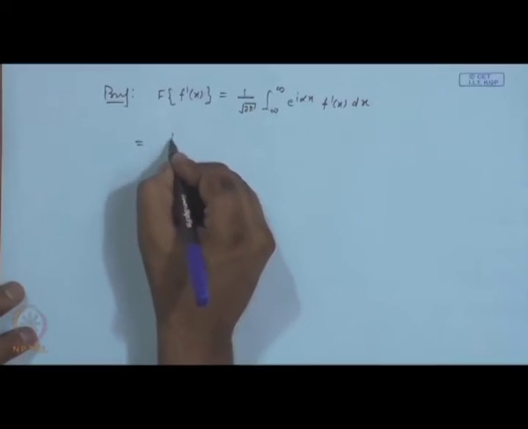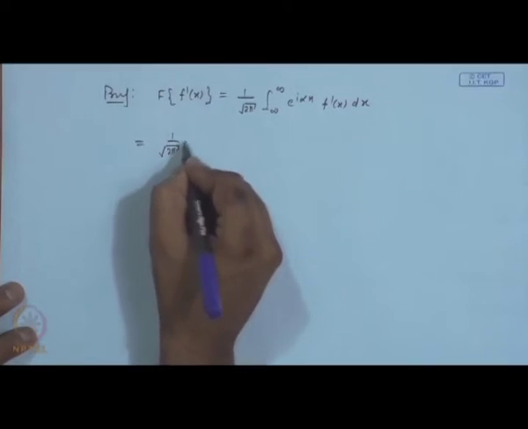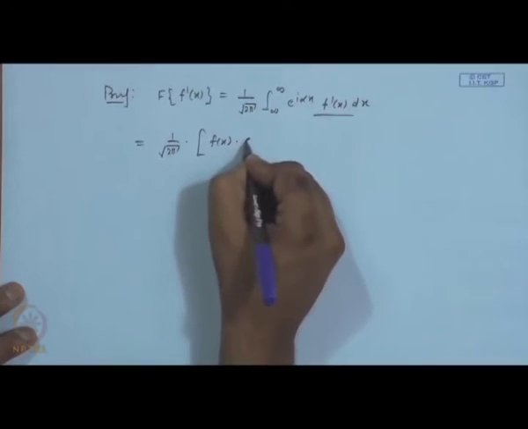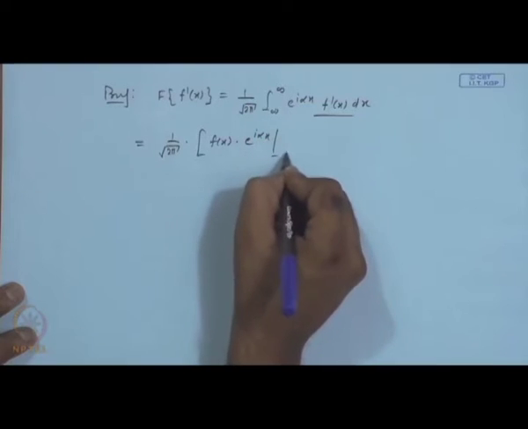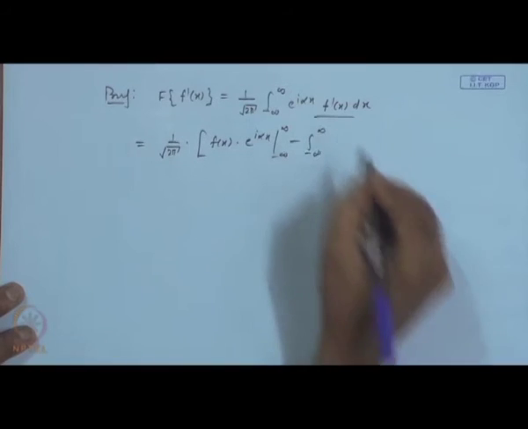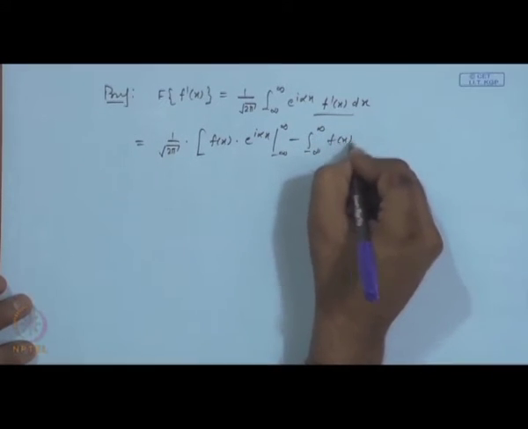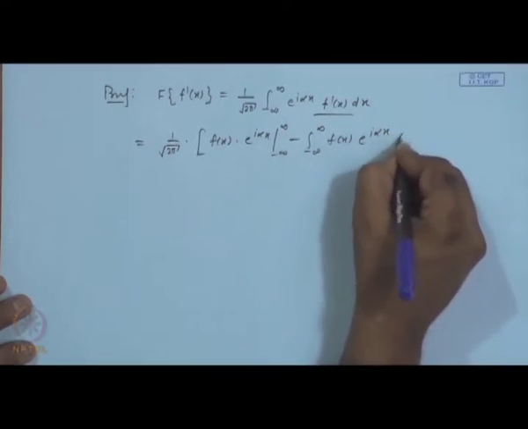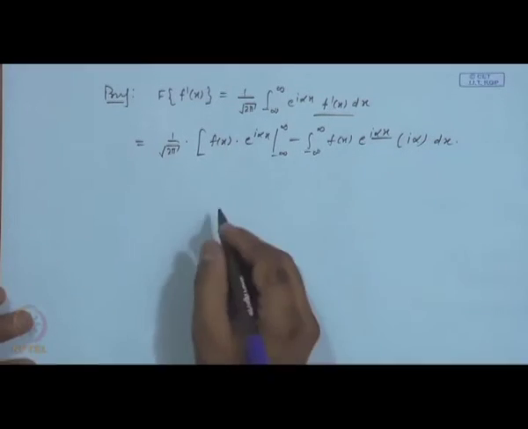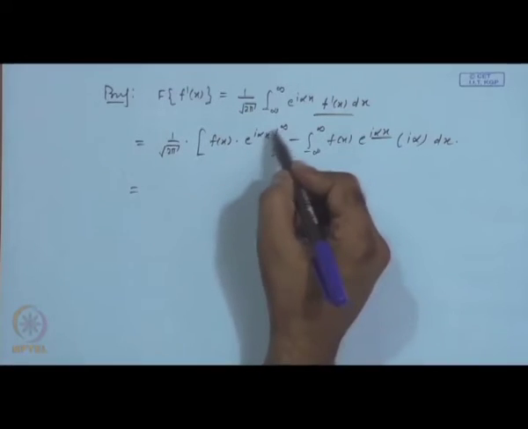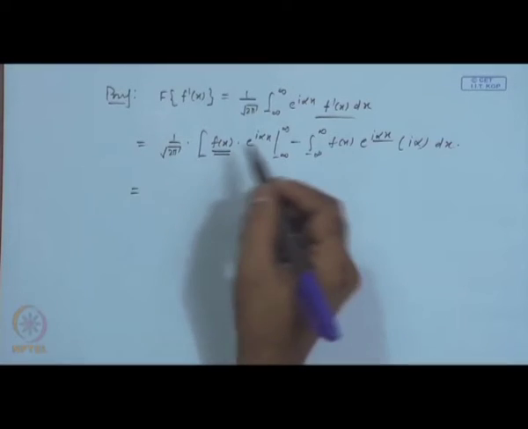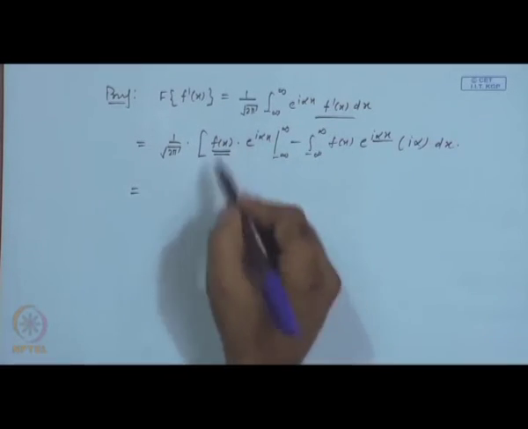We integrate by parts: 1 over square root 2 pi, f(x) e^{i alpha x} from minus infinity to plus infinity, minus the integral of f(x) times i alpha e^{i alpha x}, the derivative of this, dx. As x approaches plus or minus infinity, as per our assumption, f(x) goes to 0, so this term will vanish.